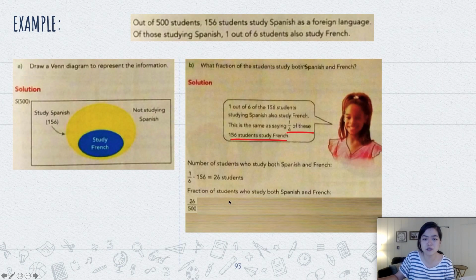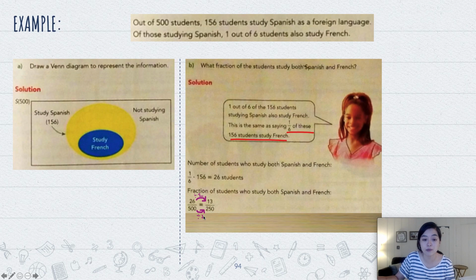So the fraction of those who study both Spanish and French is 26 students out of the total number of students in the sample space, which is 500. And we're going to simplify that by dividing by 2 and get 13 out of 250. So 13 out of 250 of the students study both Spanish and French.